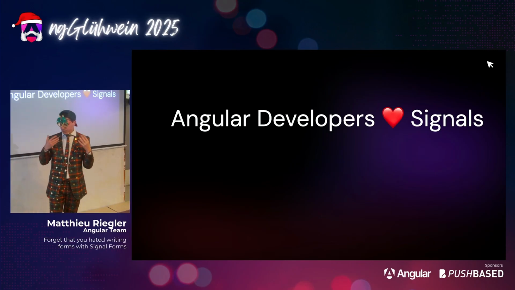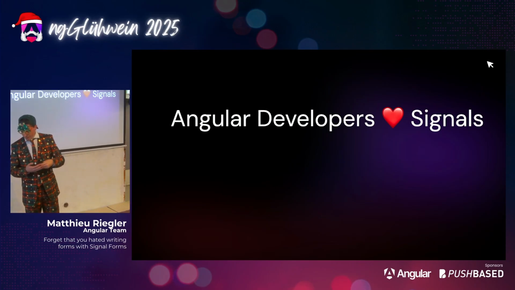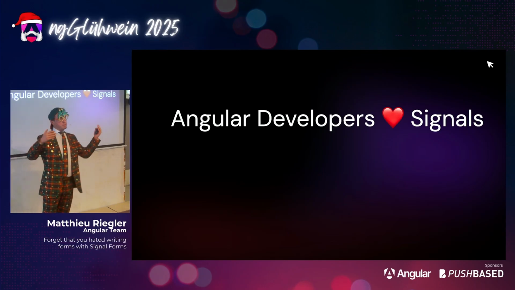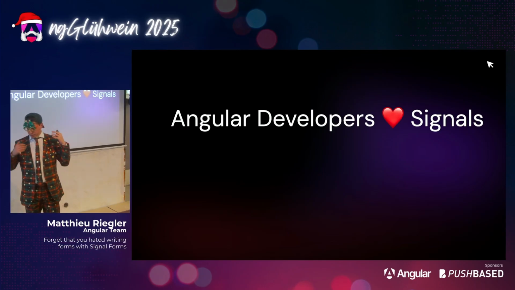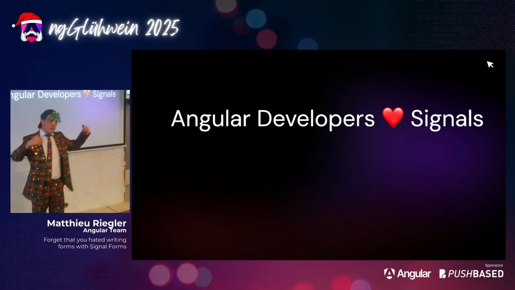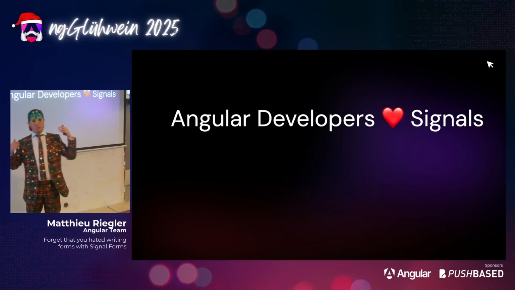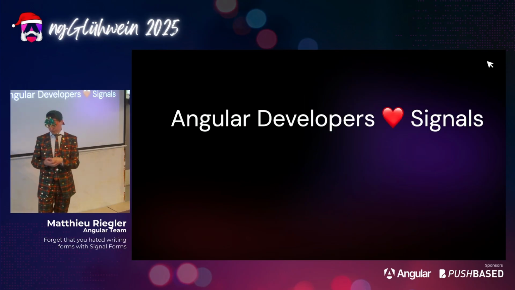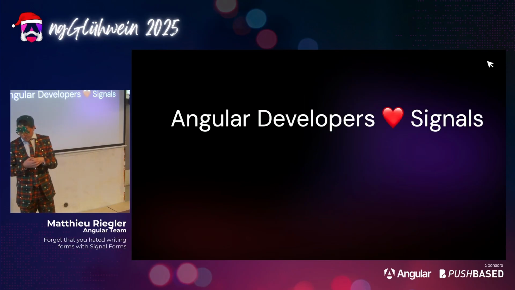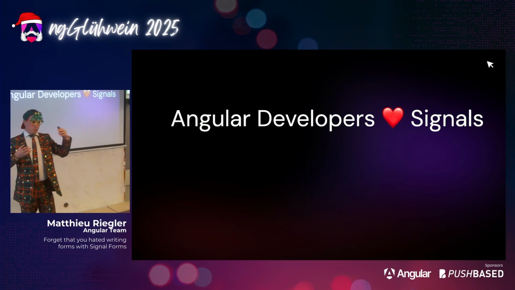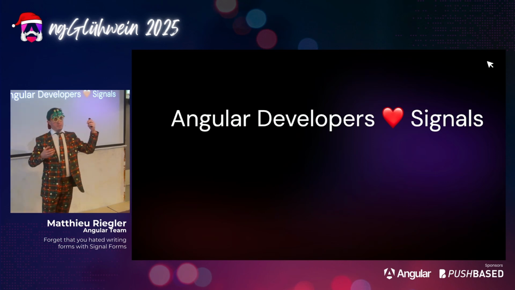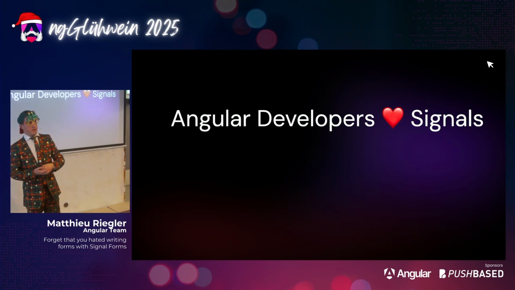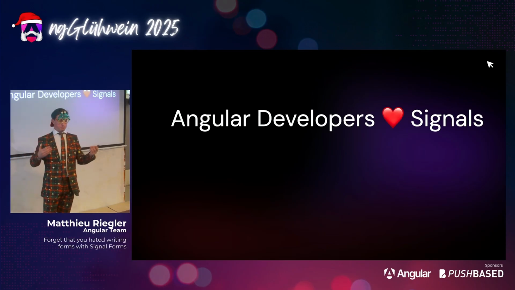Everything feels like magic that just works. And with signals, we also brought in some beautiful composability. Computed helps you derive state. You don't have to use imperative programming anymore. And we went even a bit further last year by introducing the resource API, which allows you to have an asynchronous derivation.